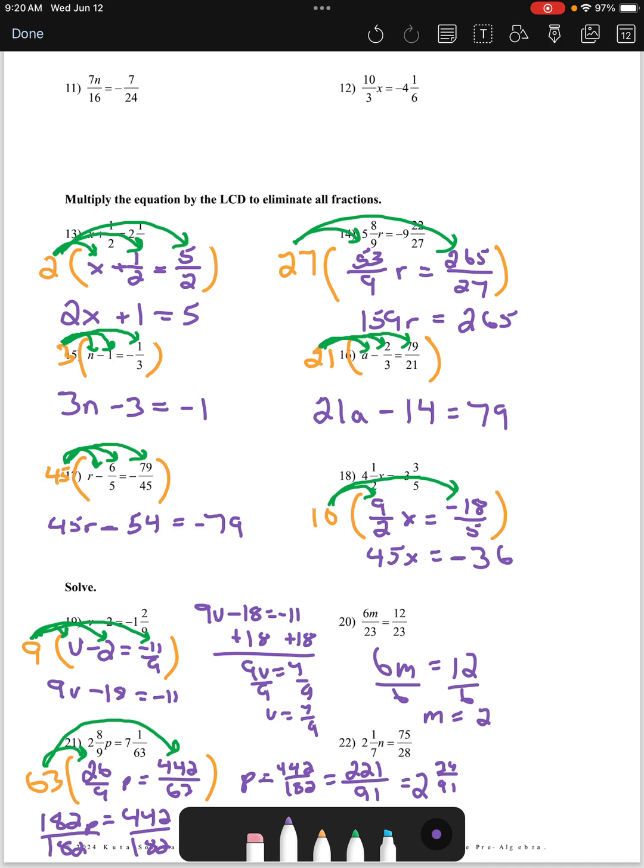And 39 is a prime number. It doesn't go into 91. So the final answer is 2 and 39 91sts. Now I do apologize, but I'm going to have to erase that because I need this space to do number 22. So 2 and 39 91sts is the answer to number 21.